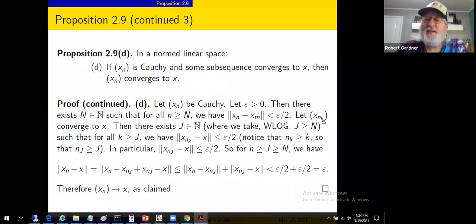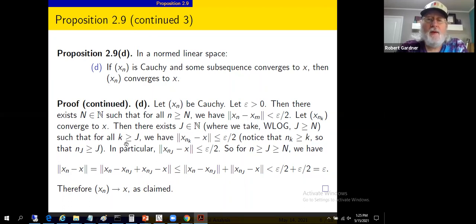Well, the subsequence x sub n sub k converging to x means there exists a capital J, a natural number. Without loss of generality, we can take capital J to be big. If the following property holds for small J values, it also holds for big J values. So without loss of generality, choose this capital J to be greater than or equal to the capital N introduced earlier, such that for all k indices sufficiently large, greater than or equal to capital J, we have the norm of x sub n sub k minus x less than epsilon over 2.